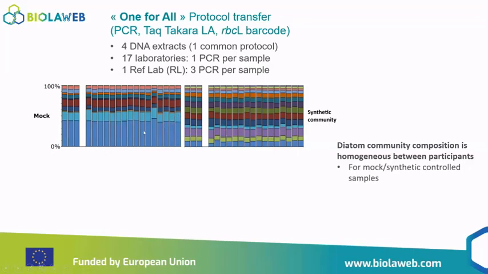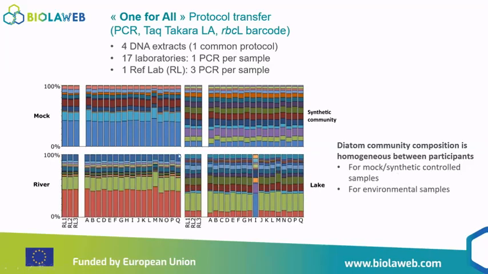And we can see that the proportions are good among all partners. And the synthetic community was a bit more complex, and you can see also that proportions are good, and that the composition also is good. So it was quite homogeneous between participants for these 2 samples.